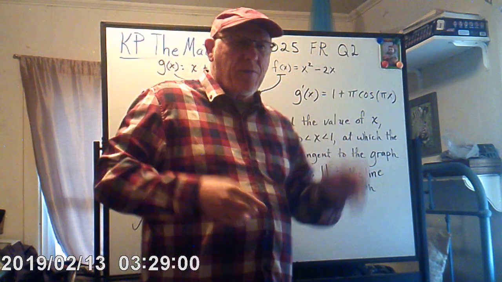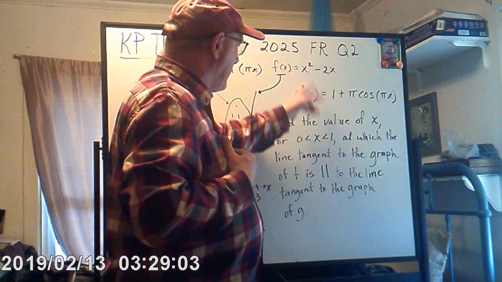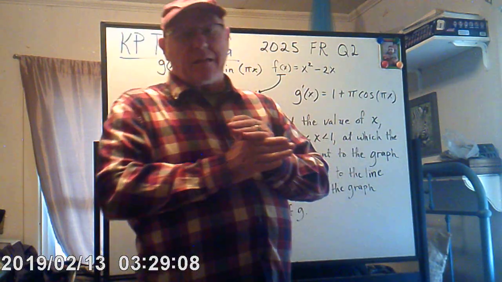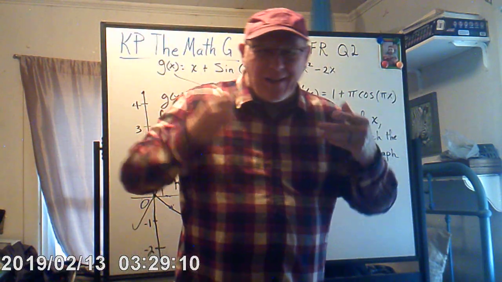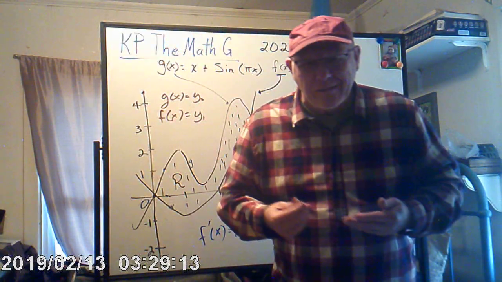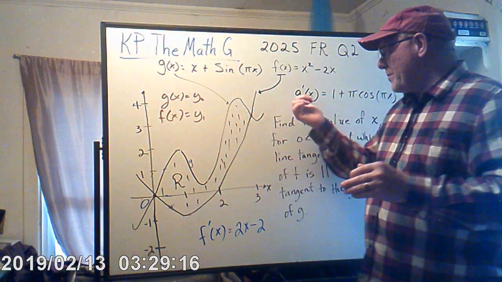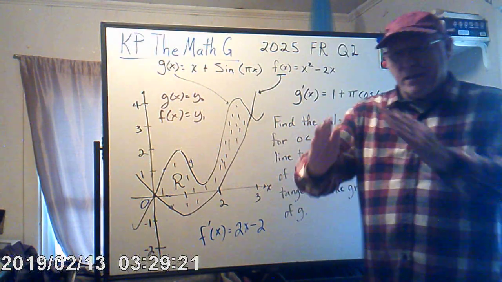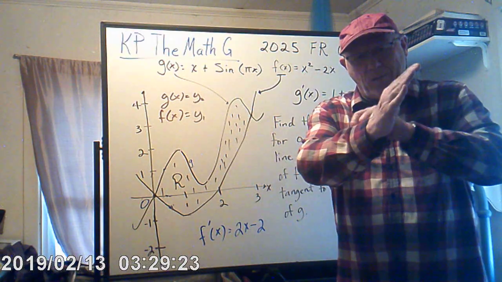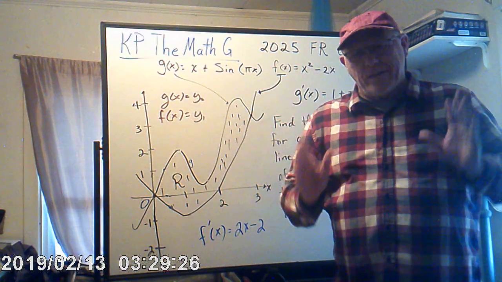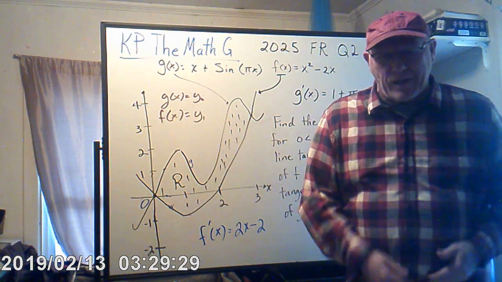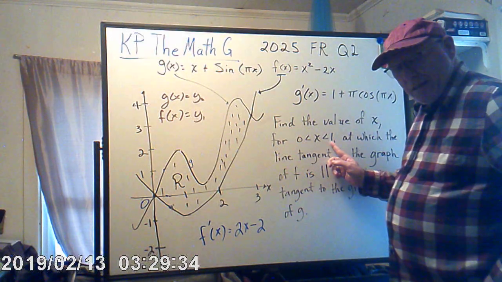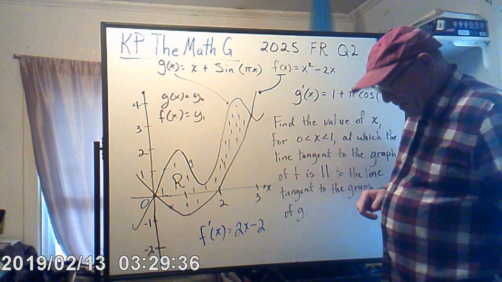That's something you've got to get into your head. There are probably several points of intersection, but we're interested in the one between 0 and 1, and there is only one.